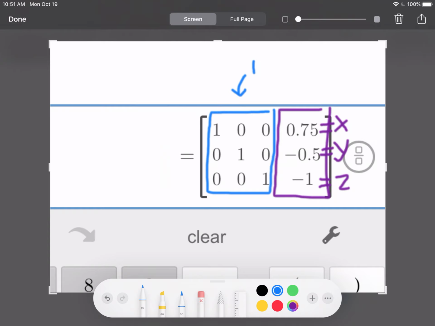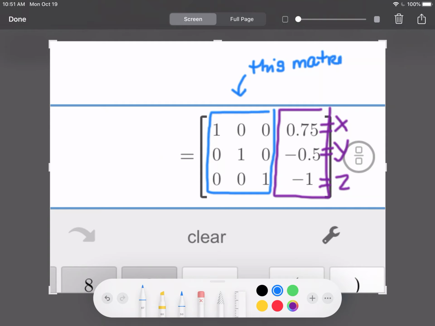So this matrix, sorry guys, my pen's not working. I'll try another pen.